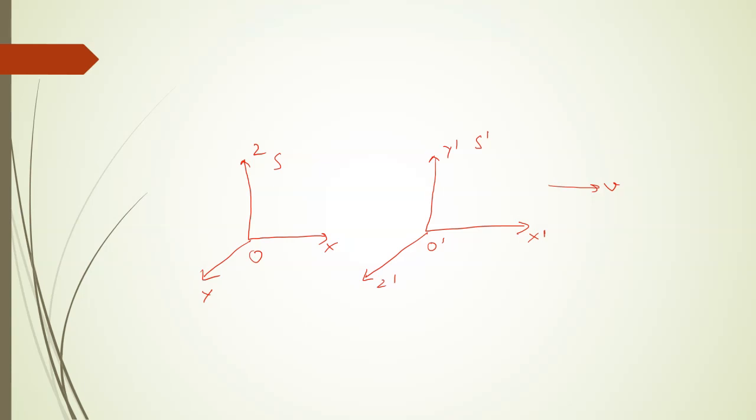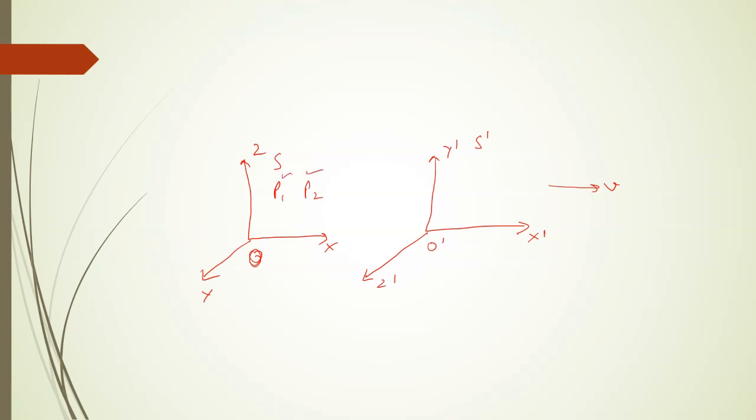Fine. Now suppose two events in frame S occur simultaneously at positions P1 and P2. Two events in frame S occur at the same time. Suppose this observer has two pens and has thrown the two pens.